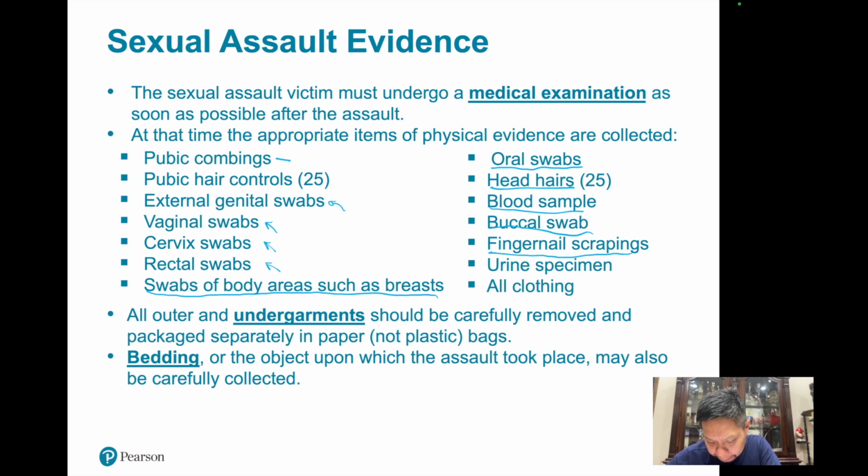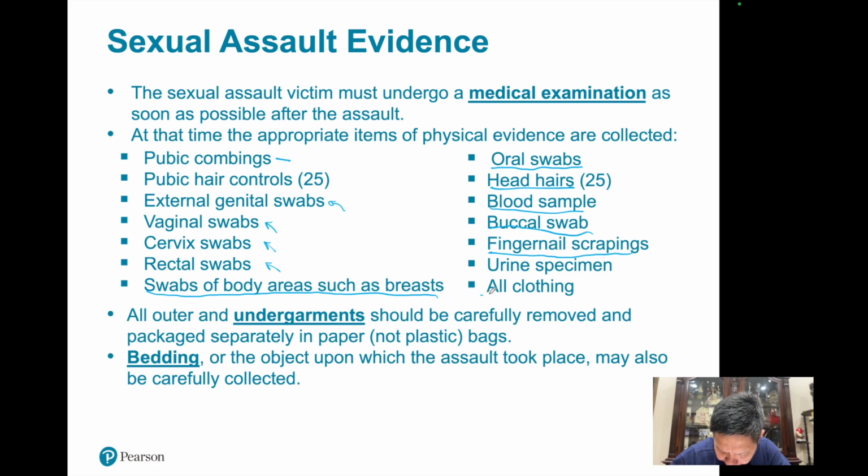Fingernail scrapings are always done too, because oftentimes there's a struggle and the female scratches the suspect, right, and then the suspect's cells, skin cells, epithelial cells will end up under the fingernails of the victim.